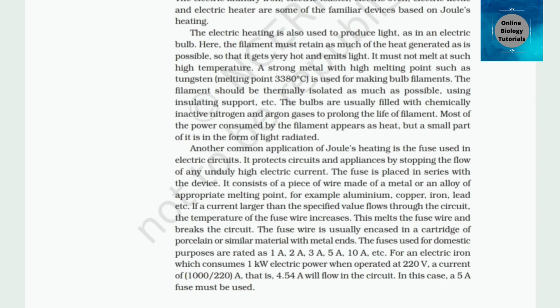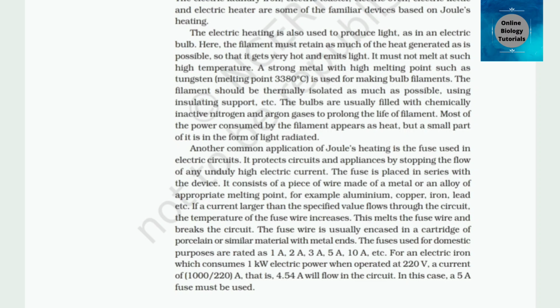Another common application of Joule's heating is the fuse used in electric circuits. It protects circuits and appliances by stopping the flow of any unduly high electric current. The fuse is placed in series with the device. It consists of a piece of wire made of a metal or an alloy of appropriate melting point, for example aluminium, copper, iron, lead, etc. If a current larger than the specified value flows through the circuit, the temperature of the fuse wire increases. This melts the fuse wire and breaks the circuit.